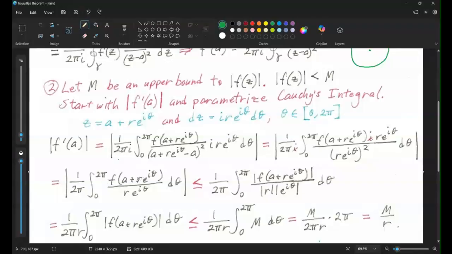And now we can move the absolute value inside by the triangle inequality for integrals, and I'll put a link for that in the description too. So basically that's been done here, except it's just broken up. And by the triangle inequality, we can say that now this is going to be less than or equal to this with the absolute value moved inside.